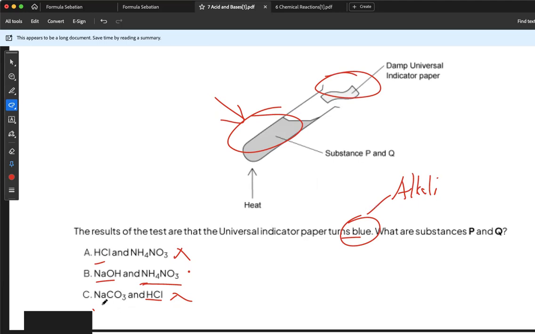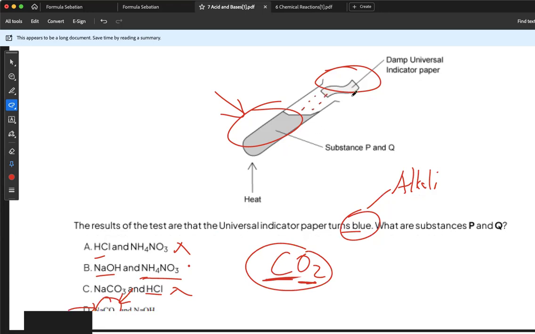When I put this with the acids, because there's a carbonate in it, the final products will be the salt, the water, and also carbon dioxide. Carbon dioxide is a non-metal oxide, which is slightly acidic, and it is the gas that turns the universal indicator. Because it is slightly acidic, it will not turn it blue. That's why this was out of the question already, and thus B was the answer in this scenario.